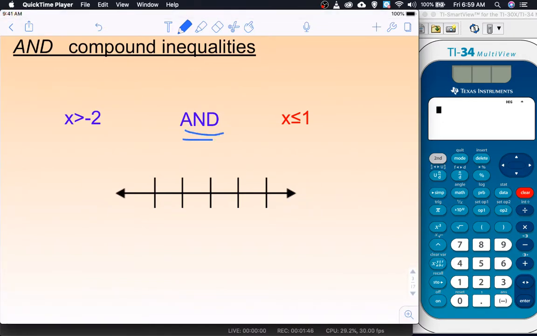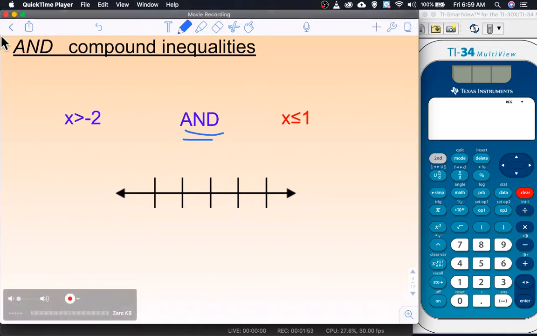Now the way we graph that is we would actually take each of these inequalities and graph them kind of separately, but on the same number line. So for example here, x is greater than -2. So now when I'm going to graph this, I need to put both -2 and +1 on this same number line. So this sometimes gets a little hairy.